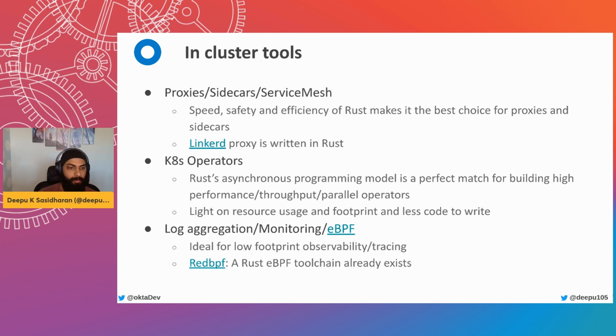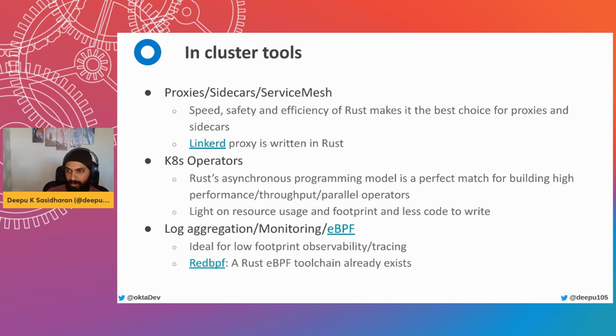Then another use case would be K8s operators, right? Rust's asynchronous programming model is a perfect match for building high performance, high throughput, or highly parallel operators. So you can have operators which are doing parallel processing without having to worry about race conditions and stuff. You can build high performance operators. So this is another use case area where Rust would shine better than Go, in terms of performance and in terms of ease of use.